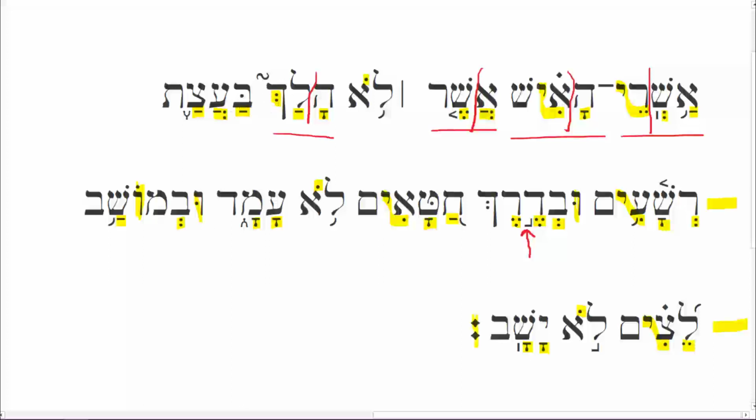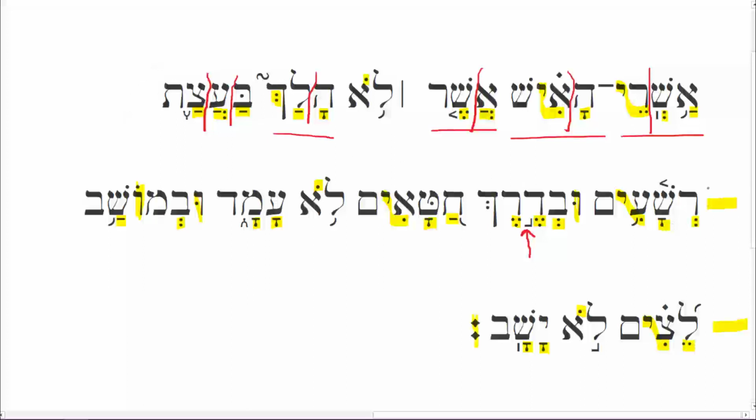Now this next one we have ba'atsat, so the bet has a patach. The next letter has its own vowel, a hataf patach, so we divide before it. Then we come to this ayin. It has a half vowel, and then the next letter, the tsadi, has its own vowel, so we divide before it. And finally, the final syllable is a closed syllable, and we're done.